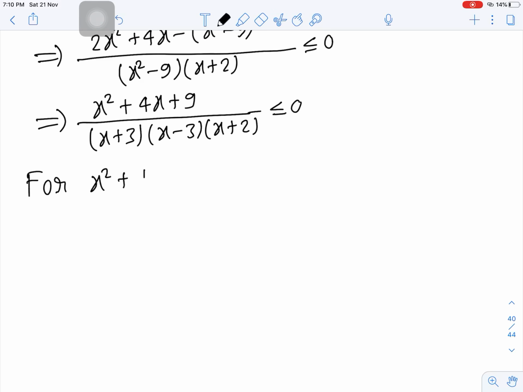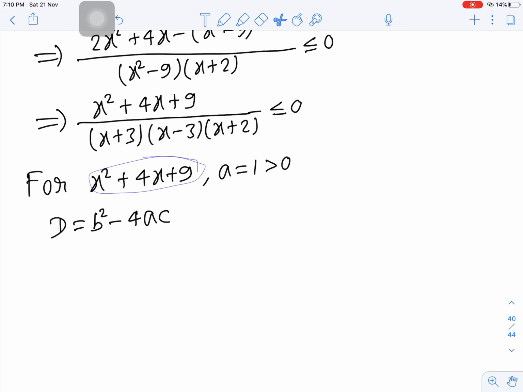So for x square plus 4x plus 9, a is equal to 1, which is positive, and we check D, which is b square minus 4ac. If you compare this with ax square plus bx plus c, then a is 1, b is 4, c is 9. So you will get 4 square minus 4 into a is 1, c is 9.